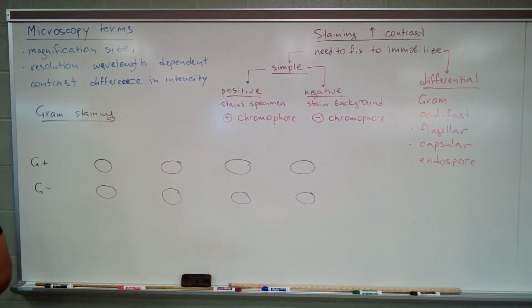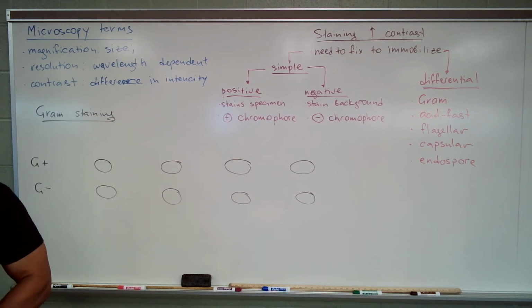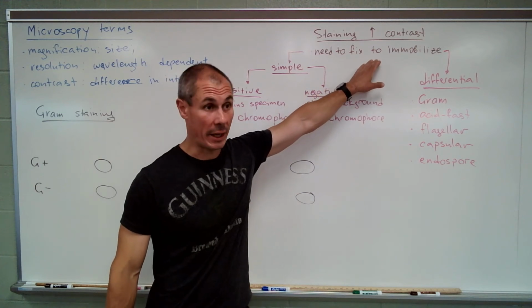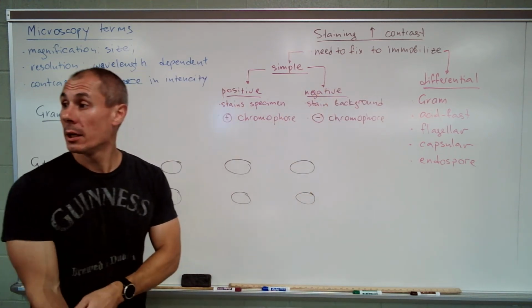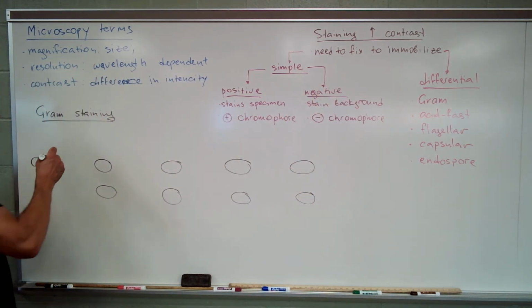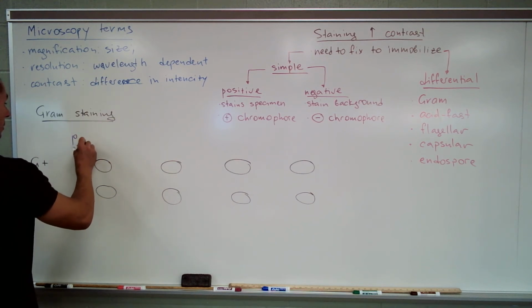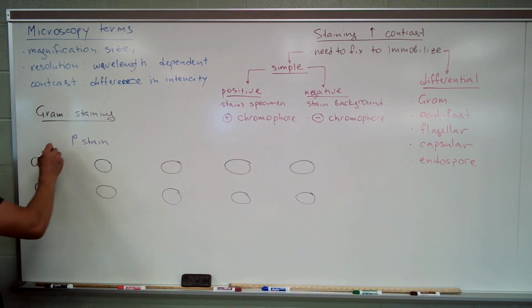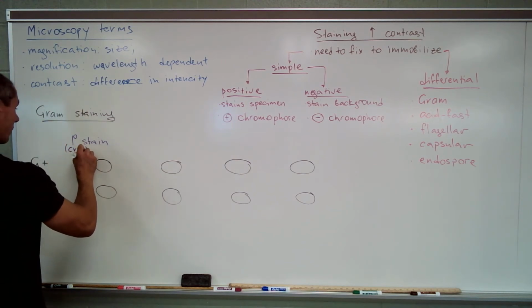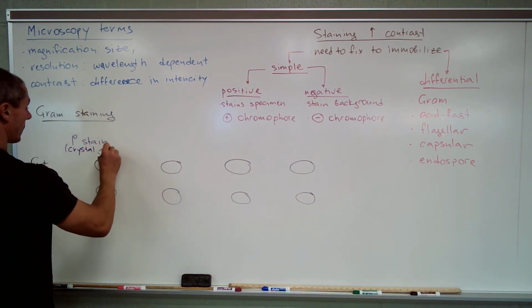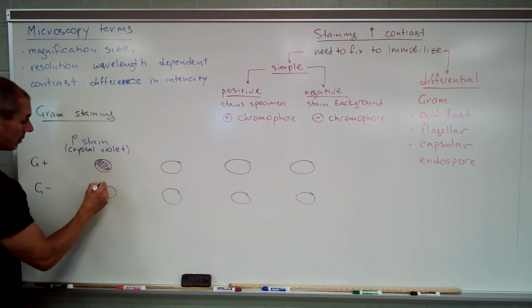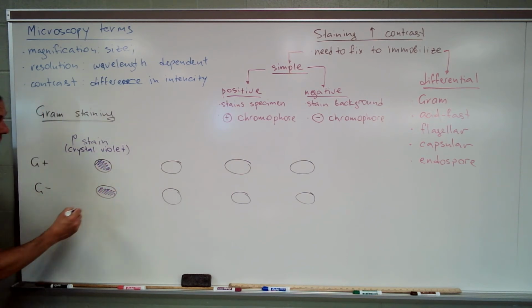First, we fix microorganisms on the slide, and then we apply the so-called primary stain, which is crystal violet. This primary stain is a simple positive stain which stains both gram positives and gram negatives violet.